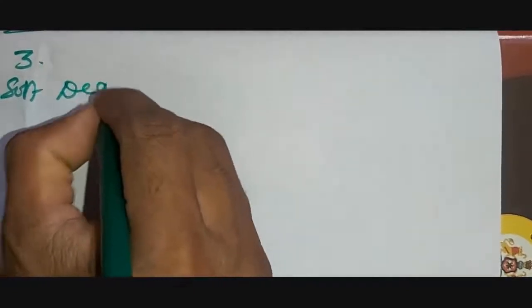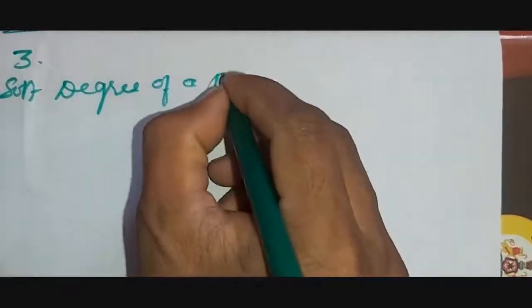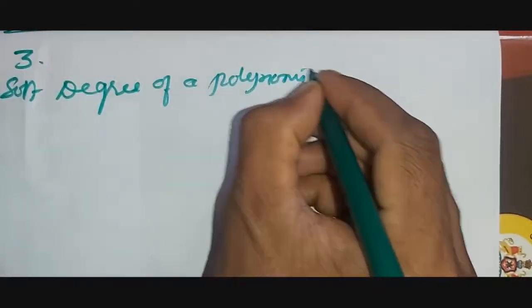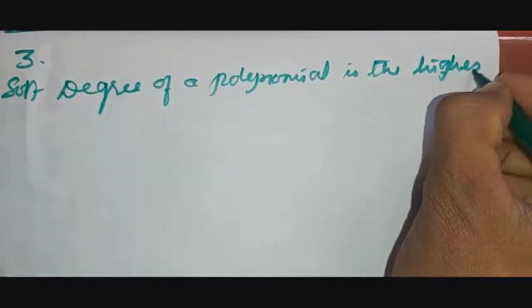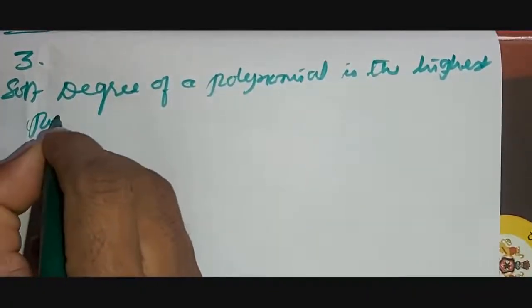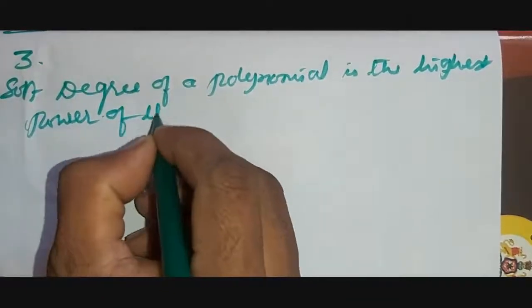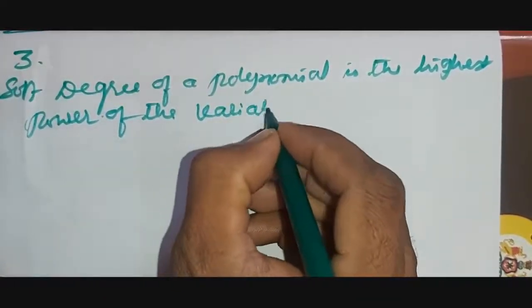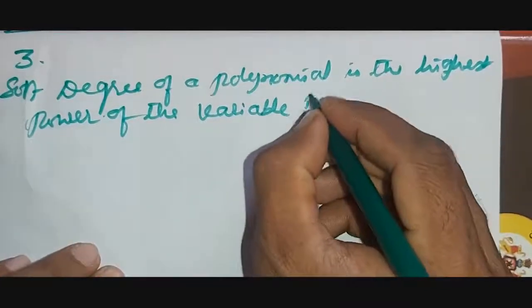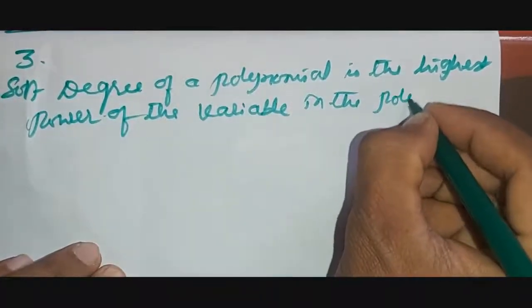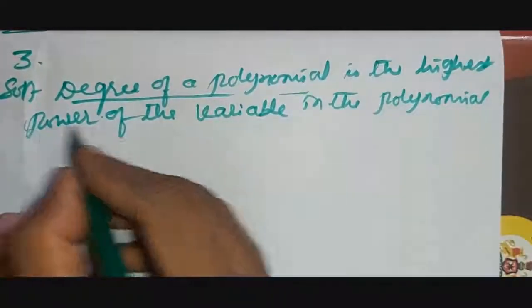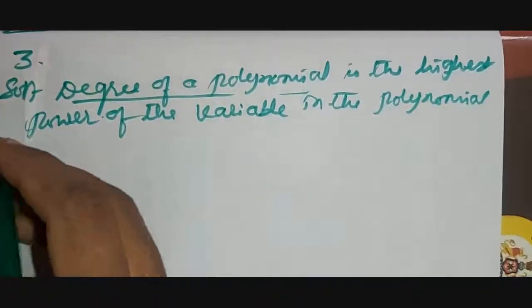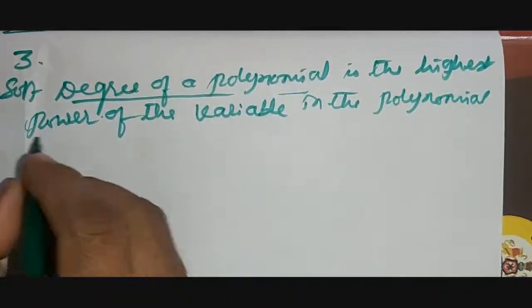Okay, see here, the degree of a polynomial is the highest power of the variable in the polynomial, right? So first one, a binomial has 2 terms.